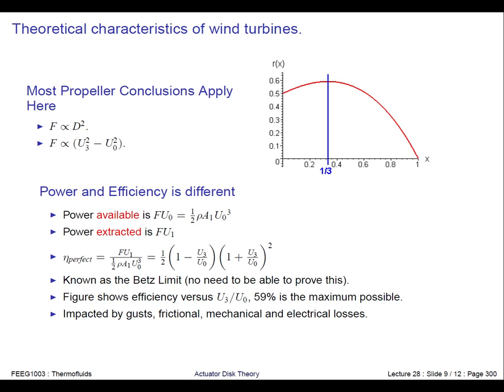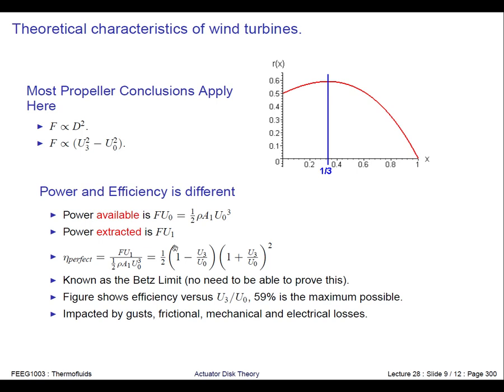When we talk about efficiency of turbines, we're interested in extracting energy. The amount of power that we have at the turbine blade is the thing we're after. We generate a certain amount of force from the pressure difference across our turbine, and the amount that we can extract is based on the velocity of the fluid at the turbine blade, which is U1.